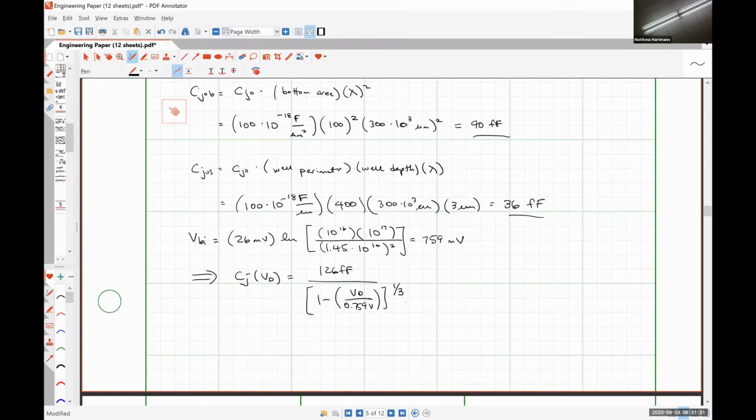So we can see now how our junction capacitance is going to change as a function of bias voltage based on the geometry of this system.